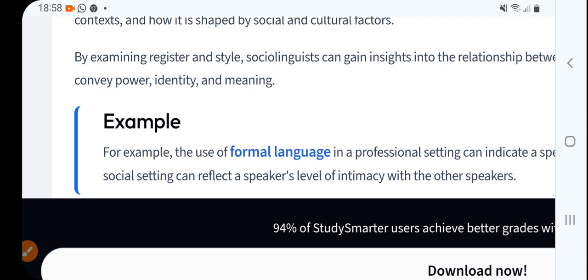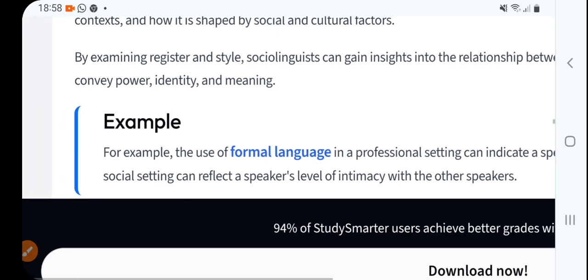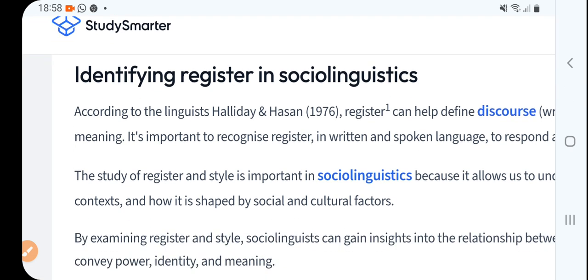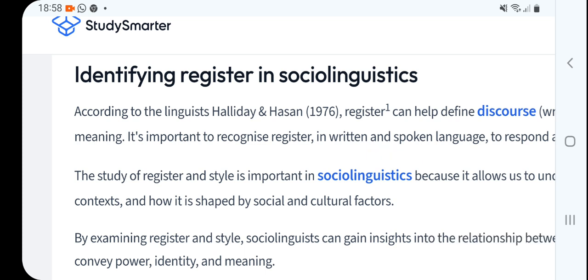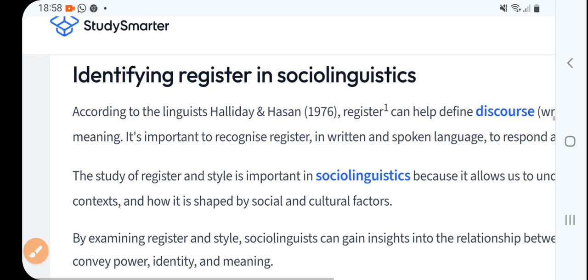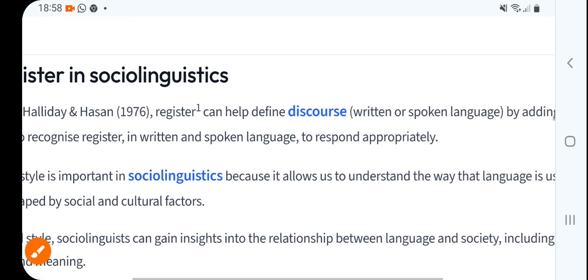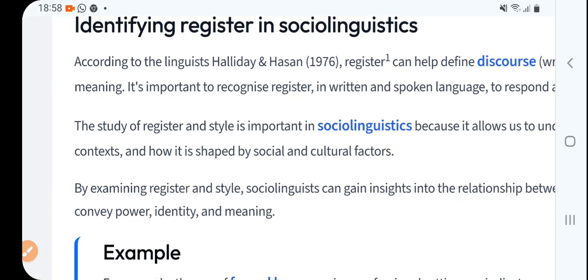So that is a very important point they are mentioning here. What is sociolinguistics? We have seen what sociolinguistics means. What Hasan says is that register can help to define discourse, a written discourse or verbal discourse.